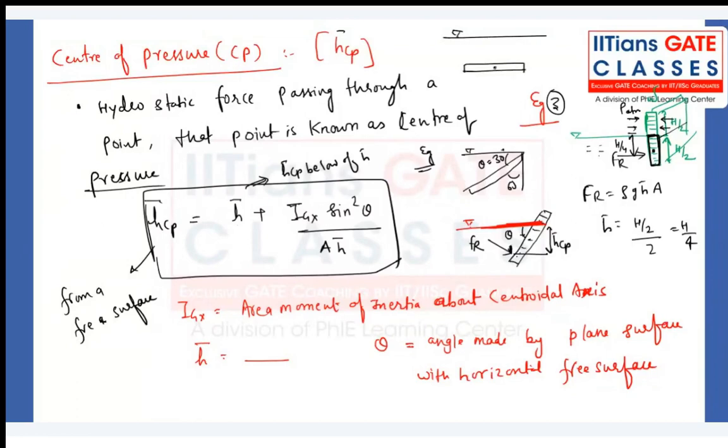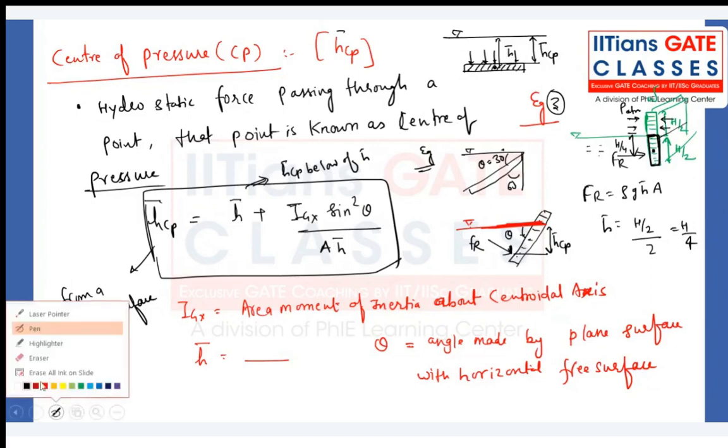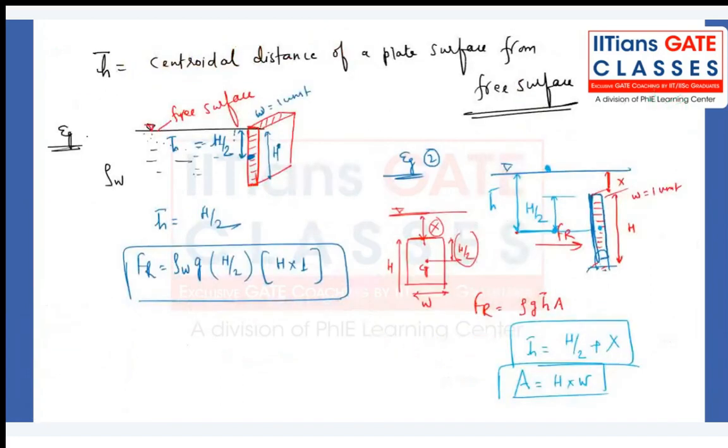Whatever the centroid is, h bar, and where exactly the pressure force will be acting, that is also at a distance h bar cp. Both will coincide when theta is 0, a horizontal plate. In a vertical plate, theta will be 90 degree. For the particular vertical plate we have discussed here, theta we have is 90 degree.